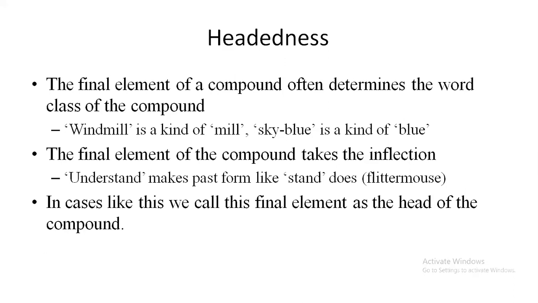So we can guess from this that the keyword is mill. And sky blue may be a different type of blue, but blue is blue. It's talking about color. The headword is the color blue. This is one way of identifying headness.